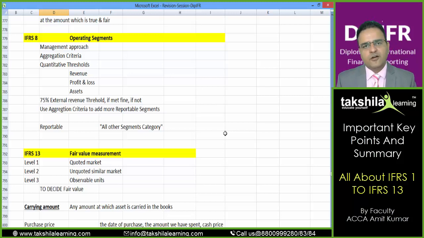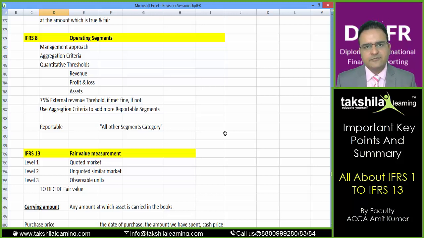The third category is for profit and loss. All the operating segments are divided into how many of them are reporting profit and how many are reporting loss. We'll add up the total of all the operating segments which are reporting loss and add up the total of all the operating segments which are reporting profit.